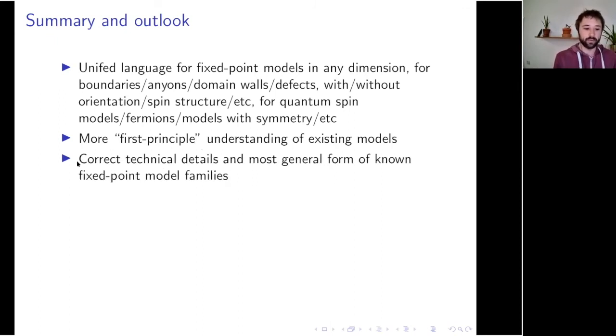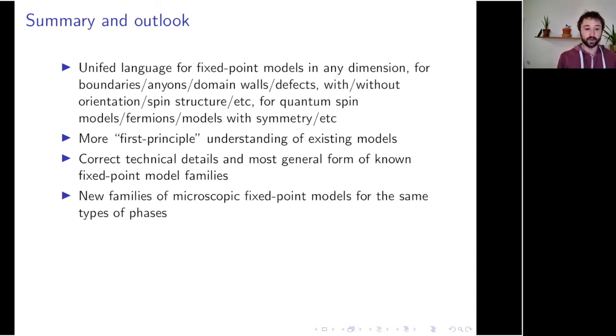This also helps to get the correct technical details of existing fixed point models, because we turn around the direction here. We do not take an algebraic structure, which we guess as an input to a construction, but we directly start with the central property which we want. We derive an algebraic structure from there.